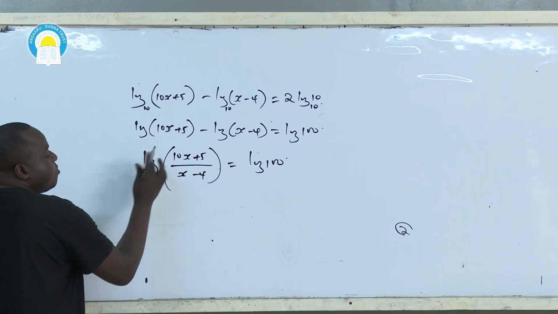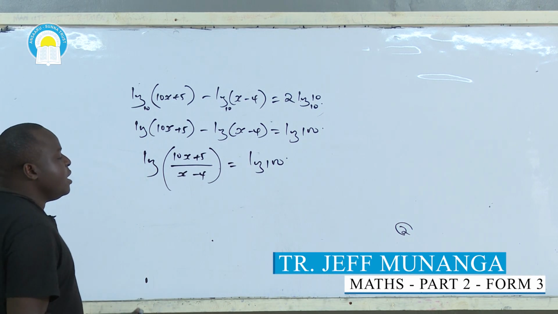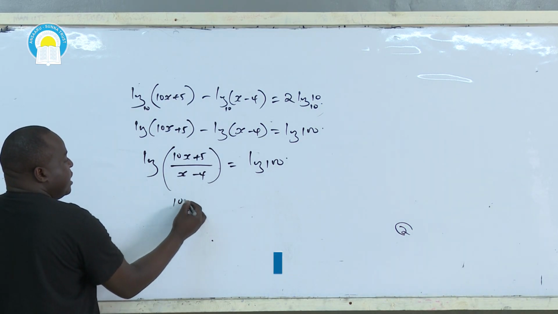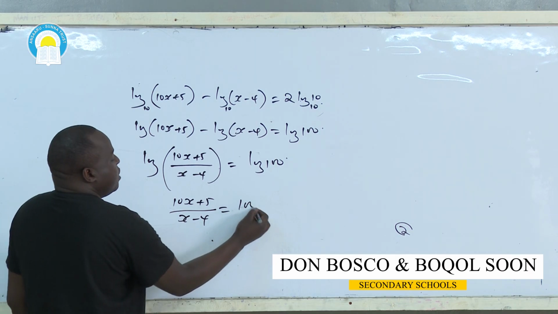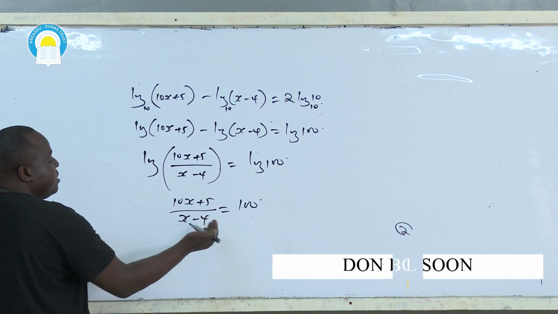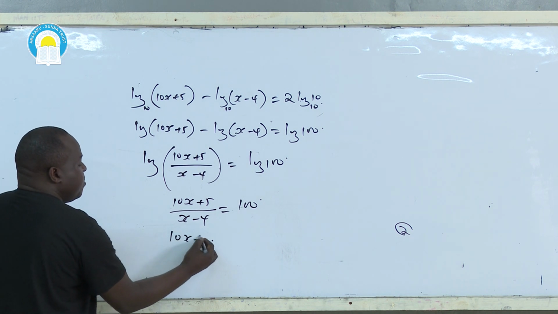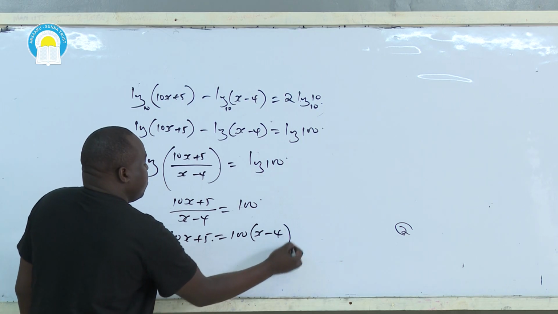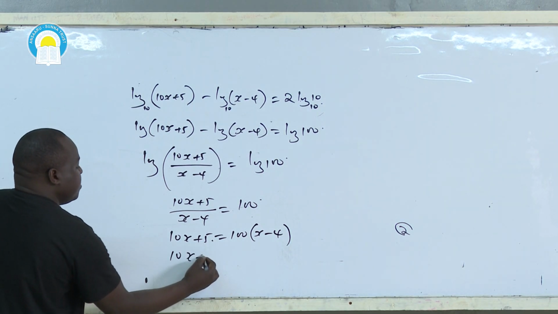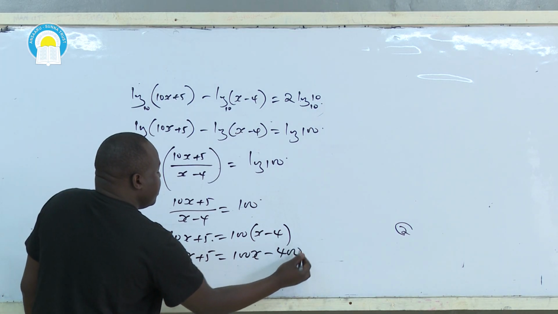Then I have a single log. Get rid of logs, work out the algebraic values, which would be (10x + 5) over (x - 4) equals 100. Next part is multiply on both sides by x - 4: 10x + 5 equals 100 times (x - 4), which is 10x + 5 equals 100x - 400.